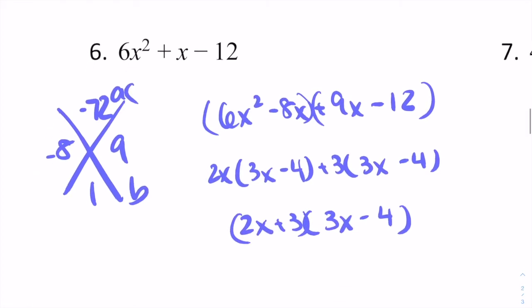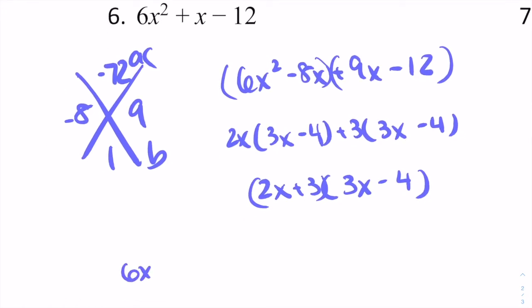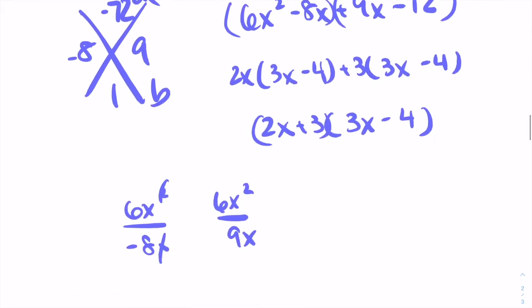So if you were to do the shortcut method, 6x squared over negative 8x, 6x squared over 9x. These cancel out. This becomes 3, 4, so you have 3x minus 4. This cancels out, 2, 3, and you get 2x plus 3.